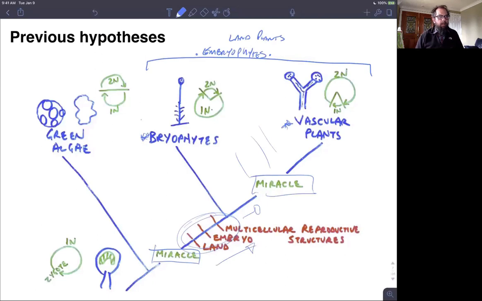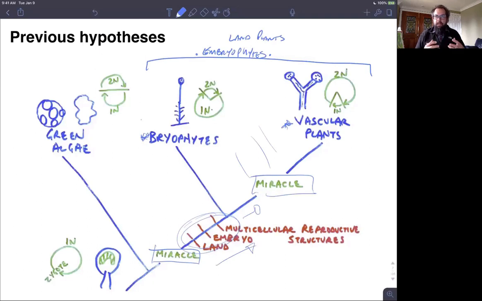And I emphasize that until we understand the evolutionary relationships better, it almost seems miraculous that we have these major transitions between these very different groups of organisms.